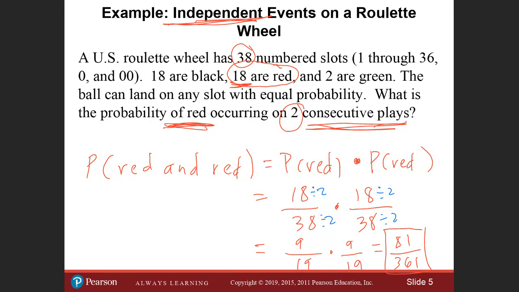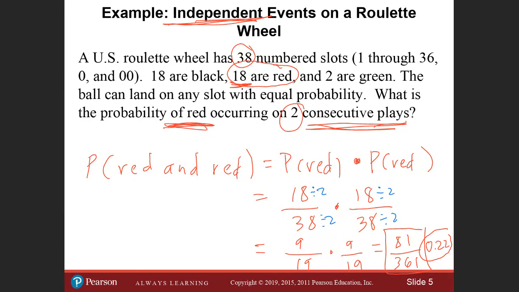Okay, so if you want to change that into a decimal value, that is also correct. So you can say 81 divided by 361. And our answer in decimal form would be 0.22. And this is also right.